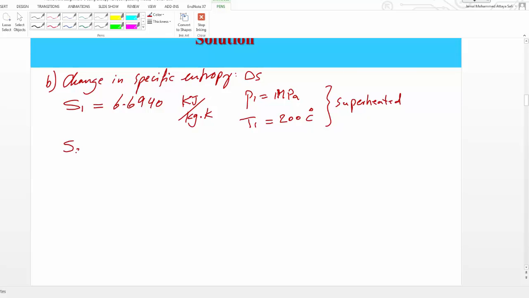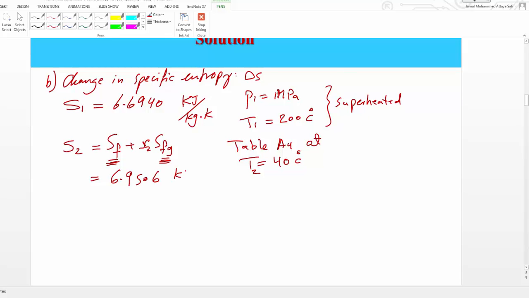And S2 is calculated the same way as H2, that is SF plus X2 SFG. Those you can read from table A4 at T equal 40 centigrade, T2. And of course X2 is given as 83%. If you bring SF, SFG, and put them here, you will get 6.9506, and that is kilojoule per kilogram per Kelvin.